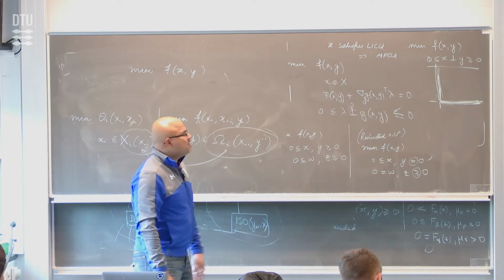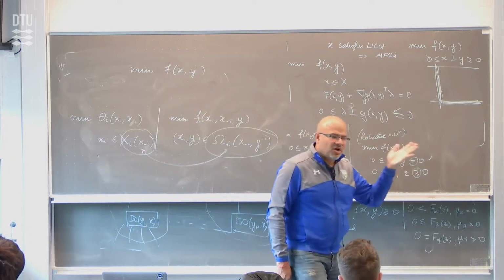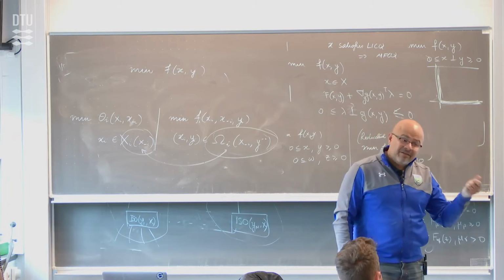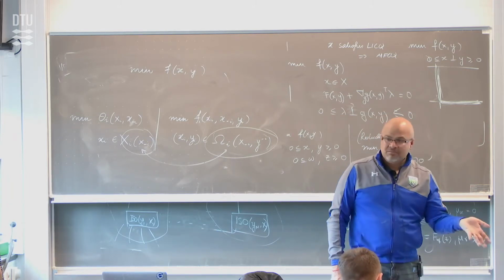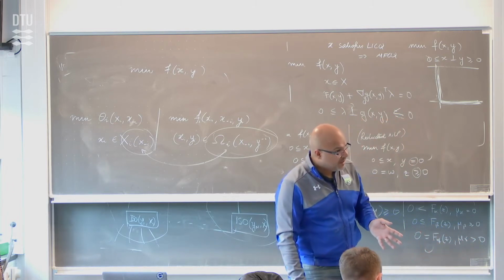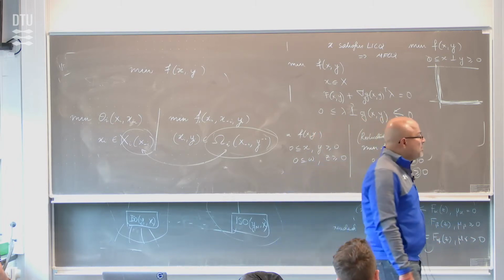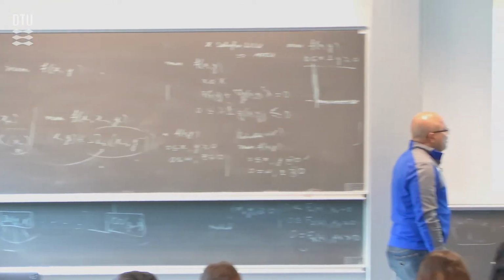It can't, right? Because this is a complementarity constraint. It's a non-convex problem. Given x minus I and y minus I, it's a solution to some variational inequality problem. By itself, it's not convex.